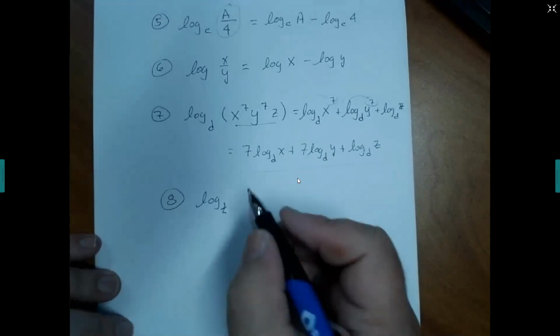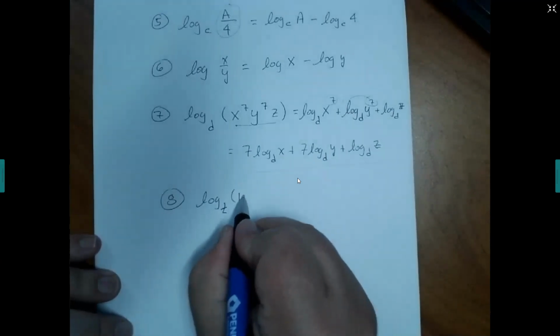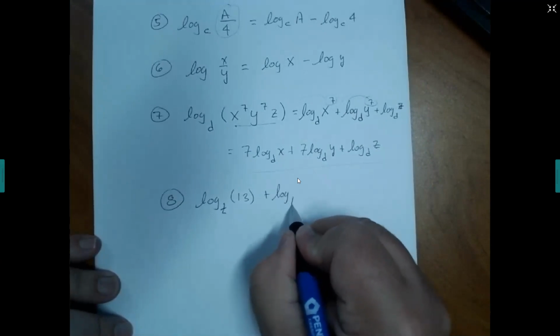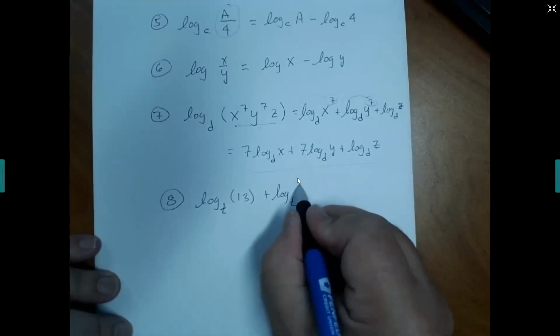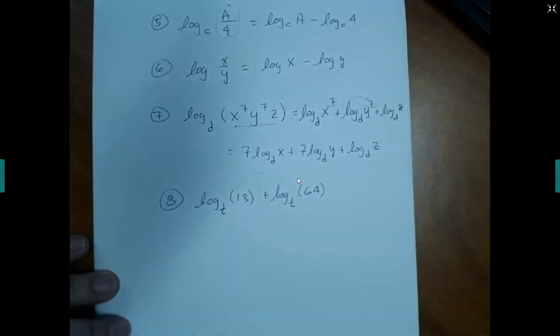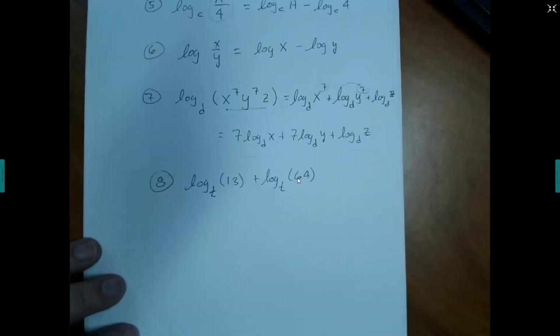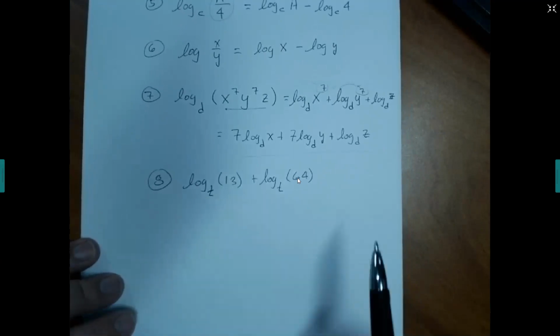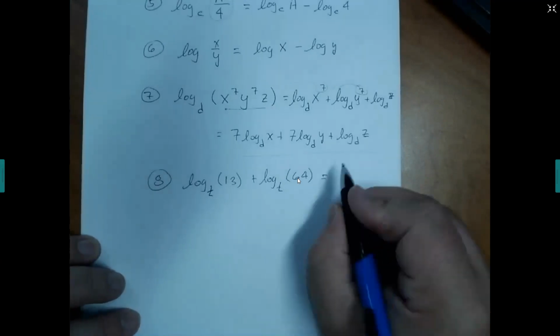Log base t of 13 plus log base t of 64. So since it's addition, we combine them by multiplying, right?